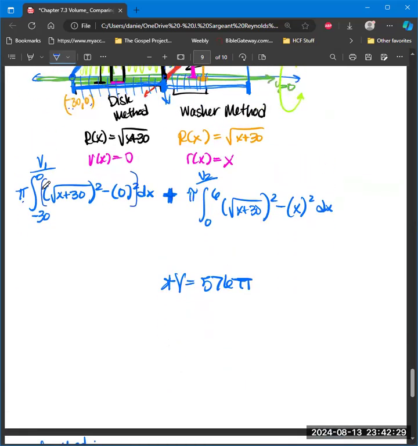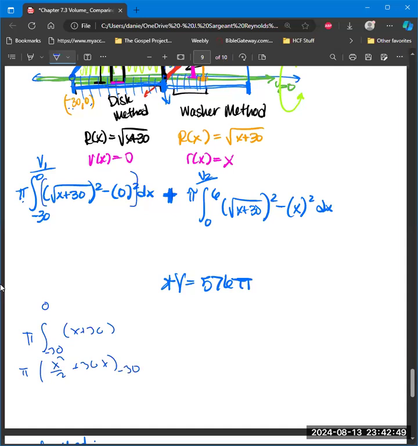So let's try to figure this out. Pi, negative 30 to 0 of x plus 30 is going to be pi times x squared over 2 plus 30x.